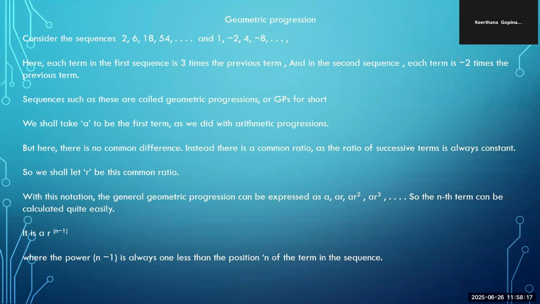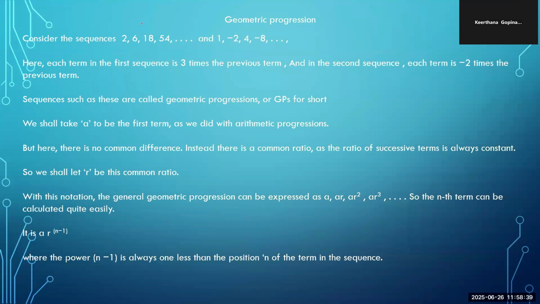Now we will move on to geometric progression. Consider these sequences: 2, 6, 18, 54 and 1, minus 2, 4, minus 8. What do you see in these sequences?